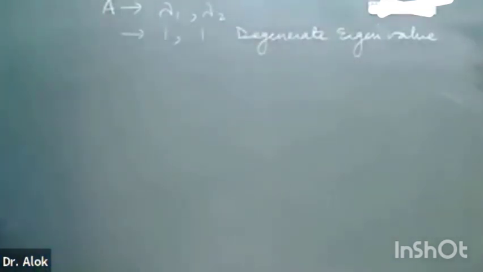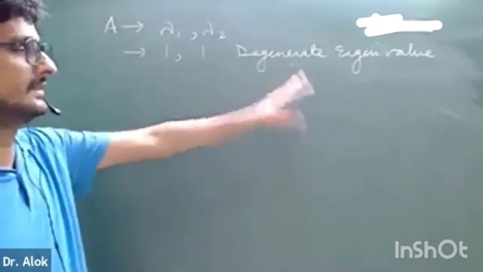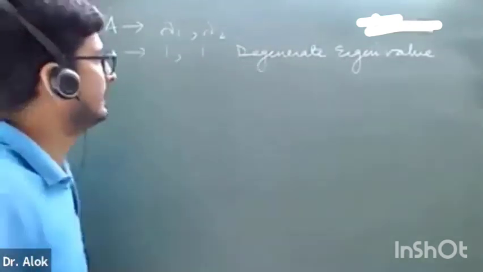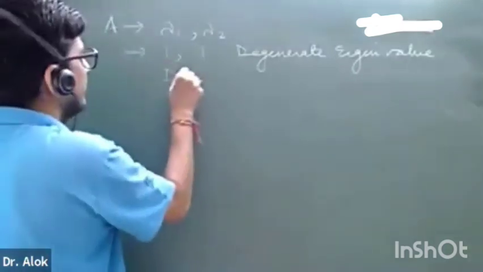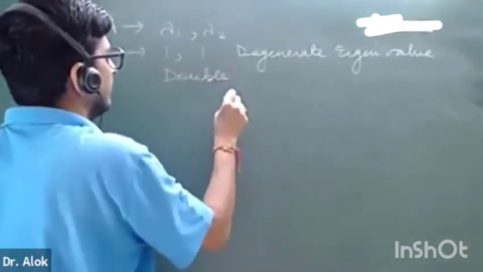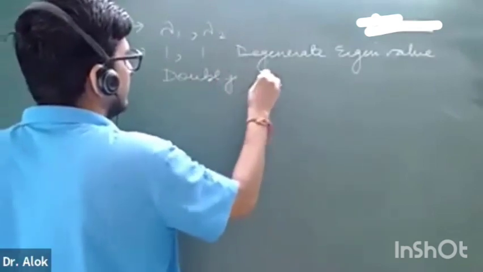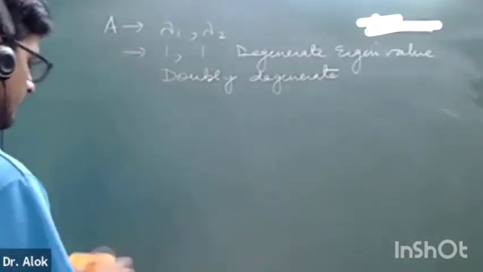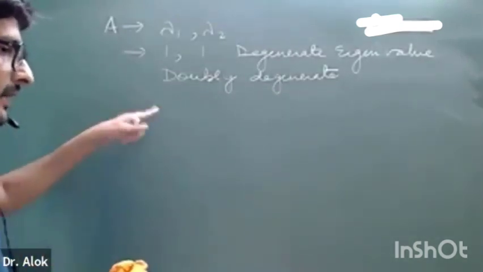That means you got the same energy eigenvalue but the state is different. So here in mathematics we will just call this doubly degenerate, because two values are same. Okay, this point is okay.